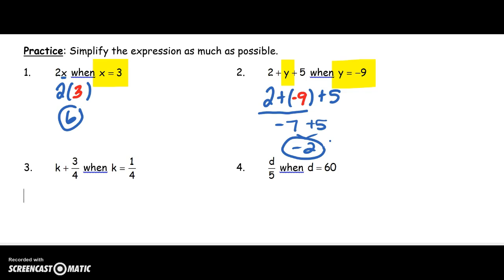For number 3, notice we have fractions, everyone's favorite. So we have k plus 3/4 when k equals 1/4. So wherever we see a k, our variable, we're going to put in parentheses. We're going to identify that our k is now equal to 1/4, and we can put that into the parentheses.